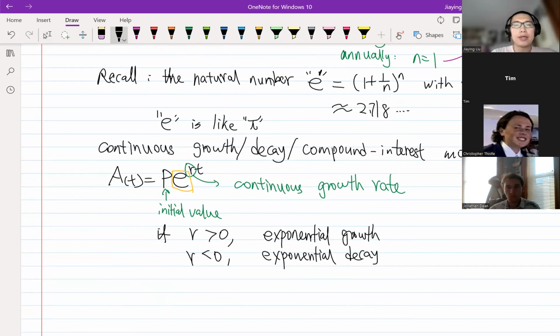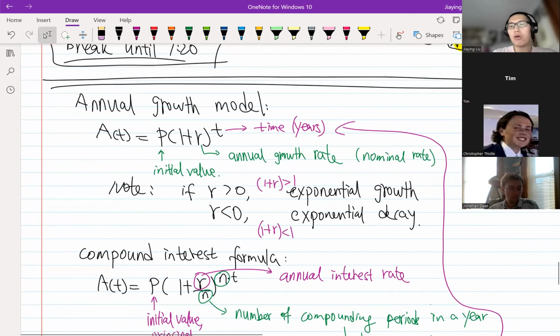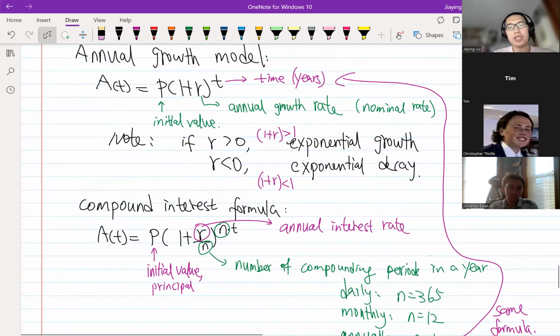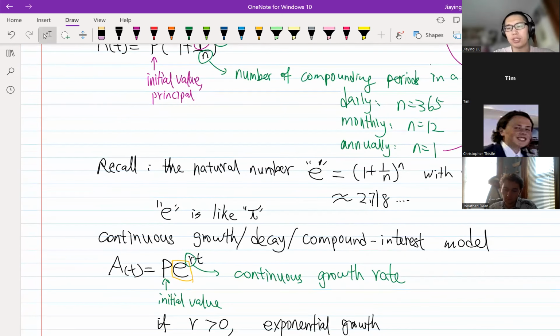All right. So any questions about those models? I know there's just a whole bunch of formulas I'm throwing at you. So there's the annual growth model, there's a compounded interest formula, and then you have this continuous growth or continuous decay model.